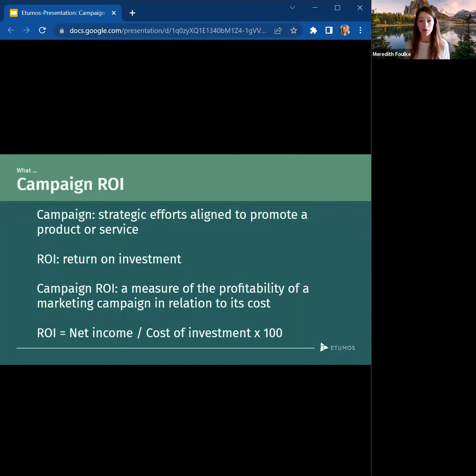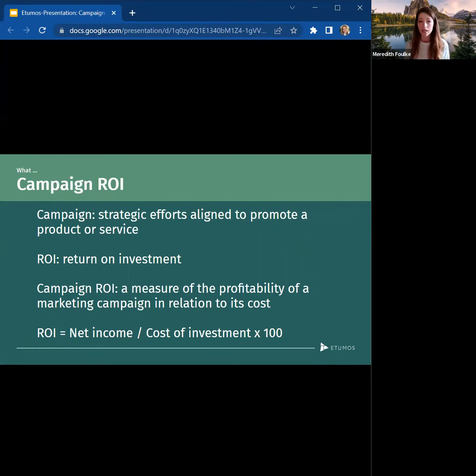So let's break it down, starting with a campaign. A campaign is a strategic effort aligned to promote a product or service. In Marketo terms, campaigns are a series of multi-channel steps, including emails, phone calls, in-mail, or custom tasks that allow you to streamline your communication with your potential and existing customers around that product or service.